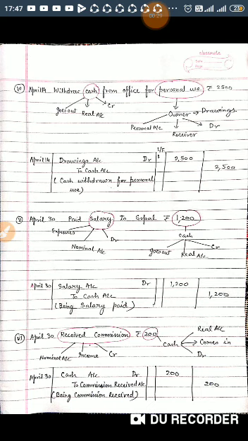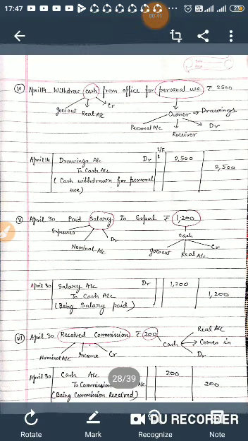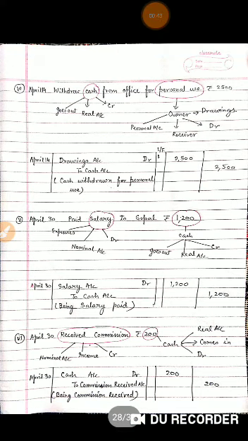Before I start solving or explaining the transactions, first of all, I would like to recap the rule of debit and credit. We have learned that accounts under the conventional rule have been classified under three categories: personal account, real account, and nominal account. Personal account is related to a person, and the rule is debit the receiver and credit the giver.